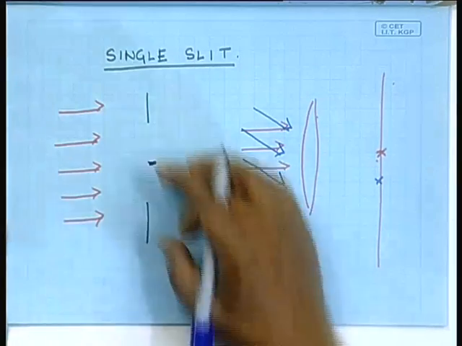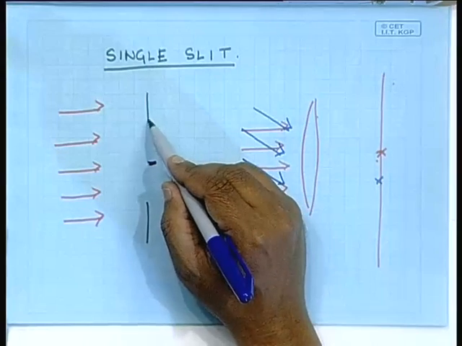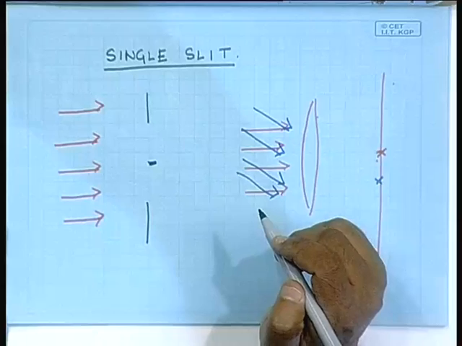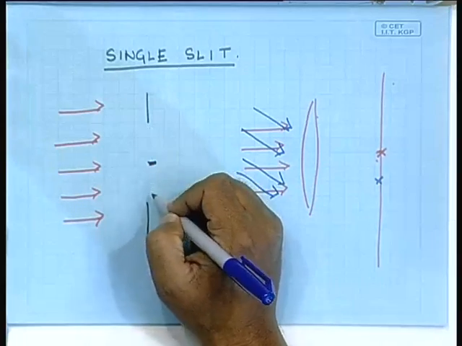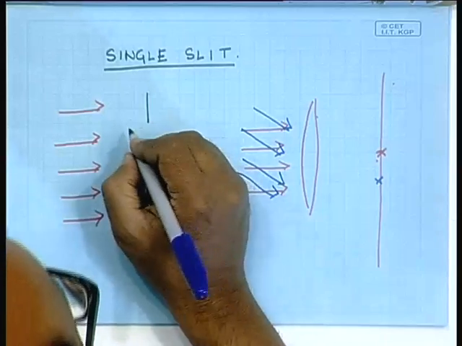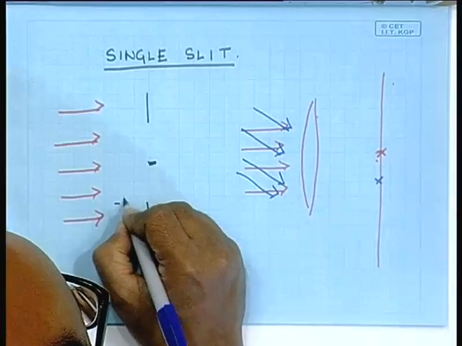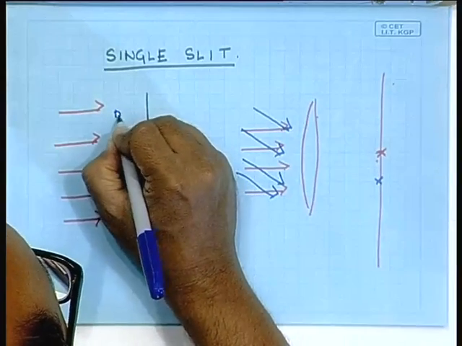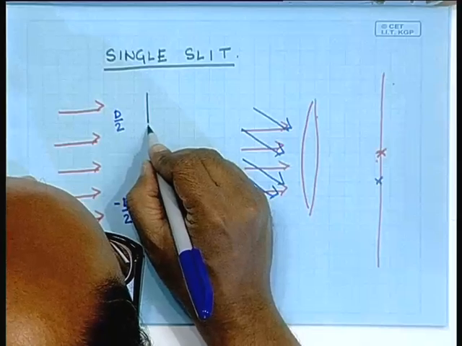Okay. Now, let us first ask the question, how many secondary sources are there in the slit? You see, if you take this aperture, the aperture is of length d. So, it goes from minus d by 2 to d by 2, and I will align the y axis in this direction.